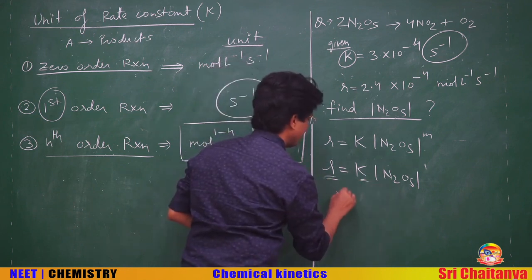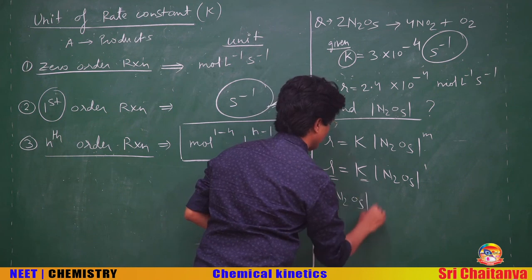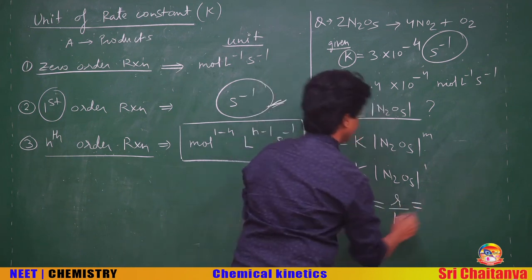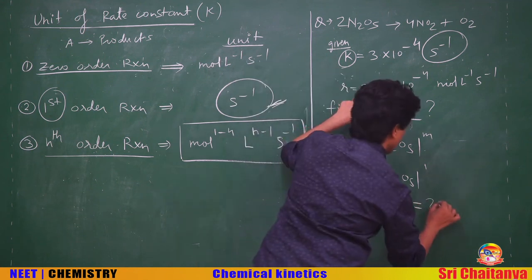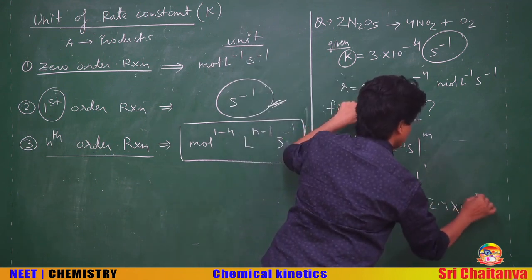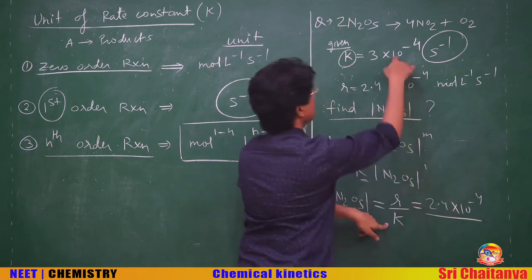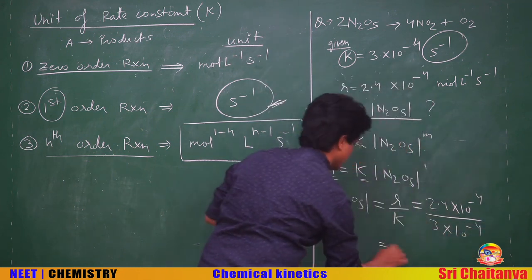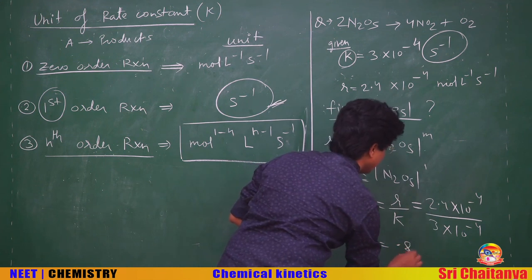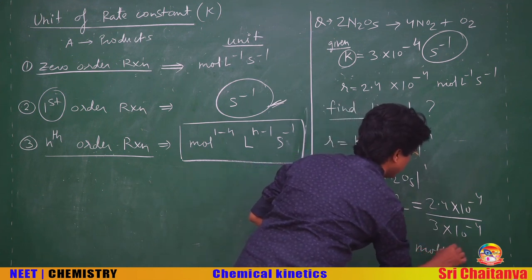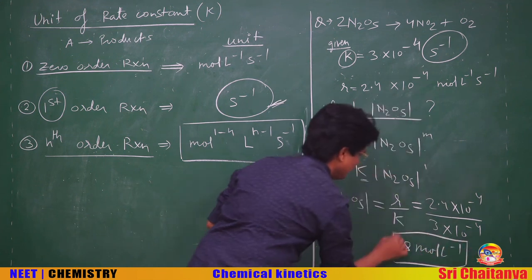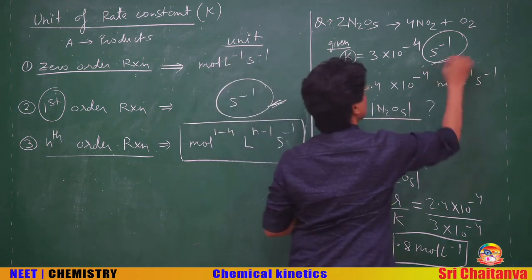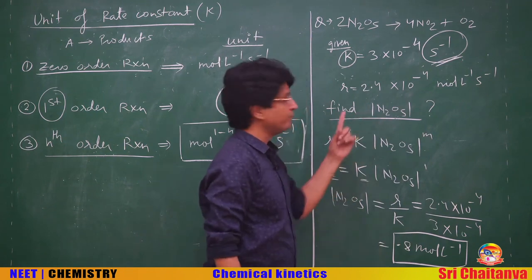I can easily find out the concentration of N2O5, that will be rate upon K, and this value rate is given as 2.4 into 10 to the power of minus 4 upon K, which is 3 into 10 to the power of minus 4. You solve that, you will get 0.8 moles per liter. So in this question, I saved myself by focusing on the units of rate constant. This is very important. Okay.